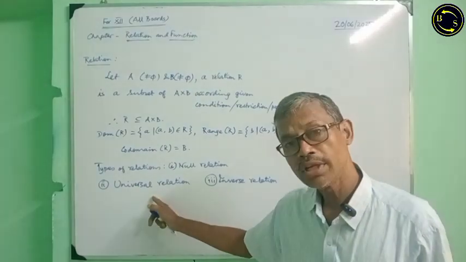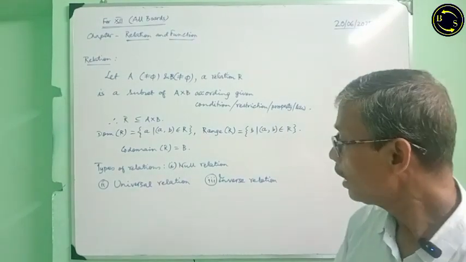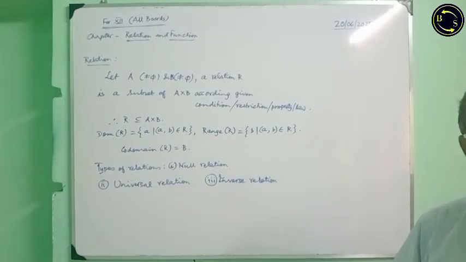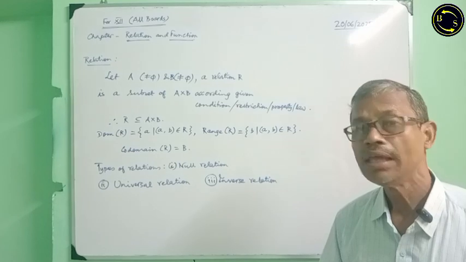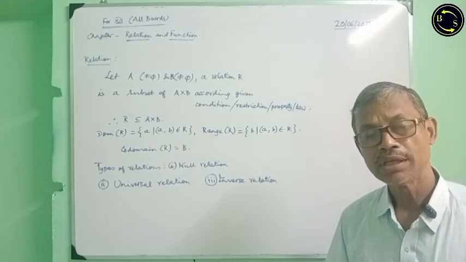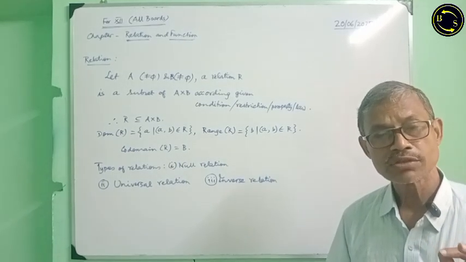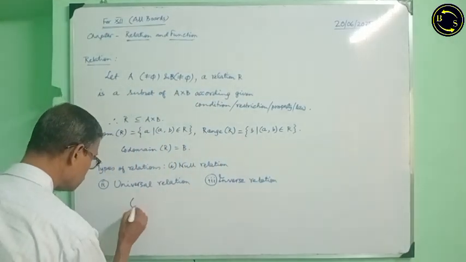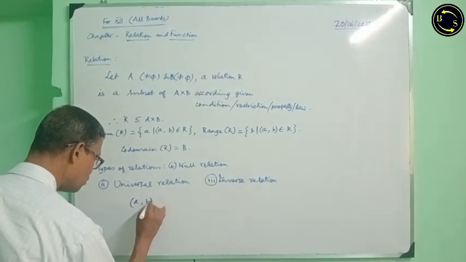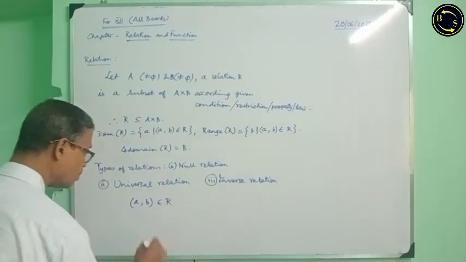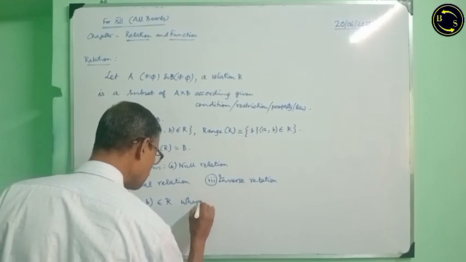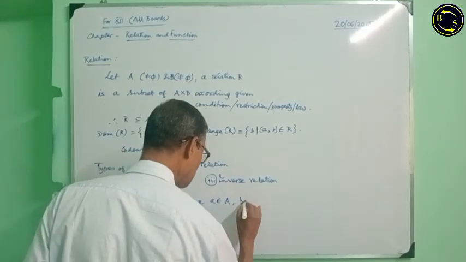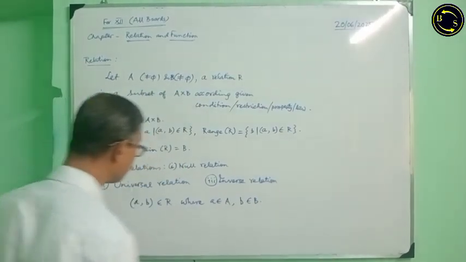And universal relation is the relation having all possible ordered pairs (A, B), where A is a member of set A and B, that means small b, is a member of set B.